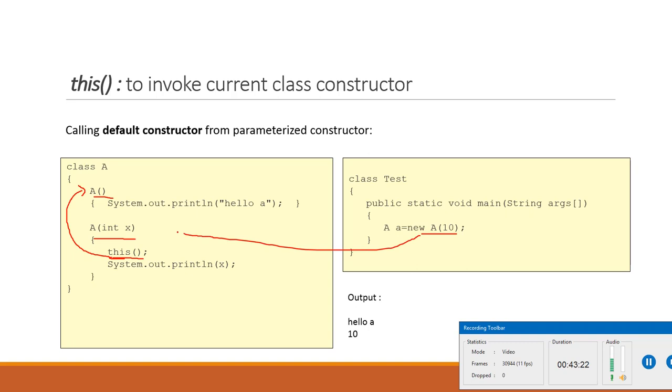This statement will invoke the parameterized constructor. Now when I get inside the constructor, this keyword will call the parameterless constructor of this class, print hello A. Then after that it will print the value of x, and the value of x is 10. So this keyword is also used to invoke the current class constructor.